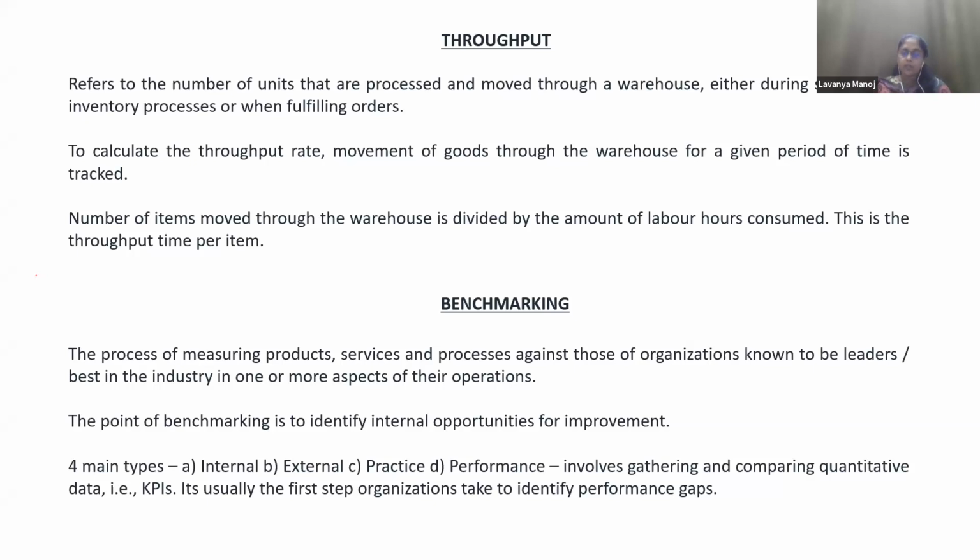So we calculate the throughput of a warehouse, a production unit or a logistics company in a particular time period. It can be for 1 week, or for a month, or for 6 months. If it is quite good in numbers, it means the company is doing good. If it is below the average level, it means the company has to work more on product development, or work more on demand forecasting and act accordingly.